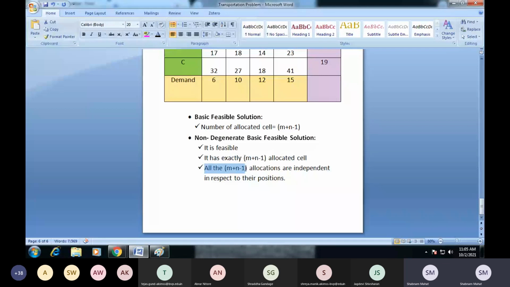Now what is independent? First of all, we have to check independence and dependence. What is the meaning of dependent and independent?